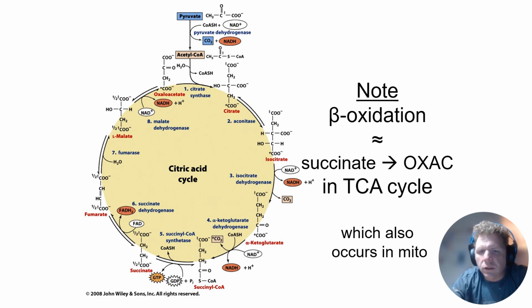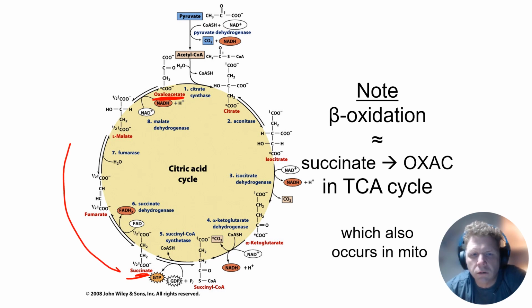Beta oxidation is the equivalent of succinate, which is right here, to oxaloacetate right there in the TCA cycle, which all occurs in the mitochondria. So essentially with beta oxidation, we're using things from here to there.